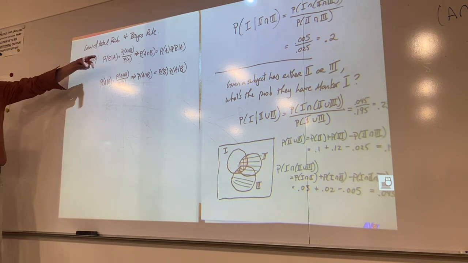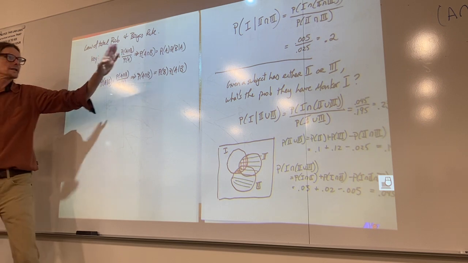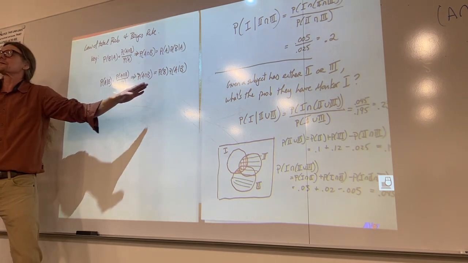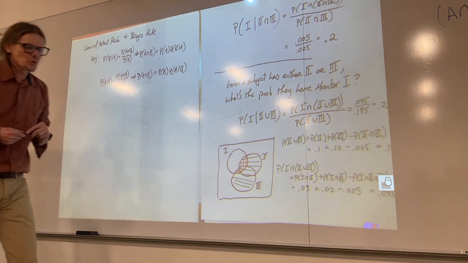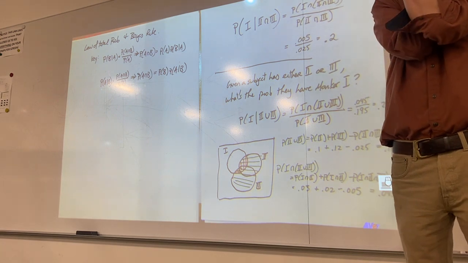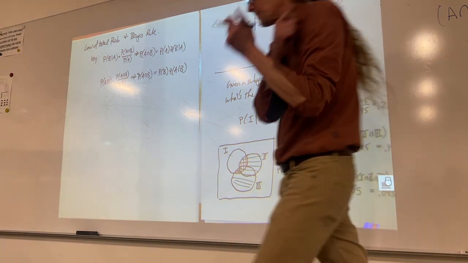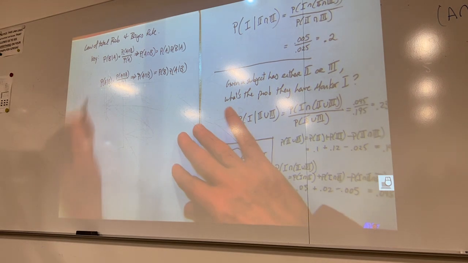So we have these two different ways the probability of that intersection can get expressed, by conditioning on one event or by conditioning on the other event. What Bayes' rule intrinsically does is it switches what you're conditioning on. So that's going to be a key in a second.